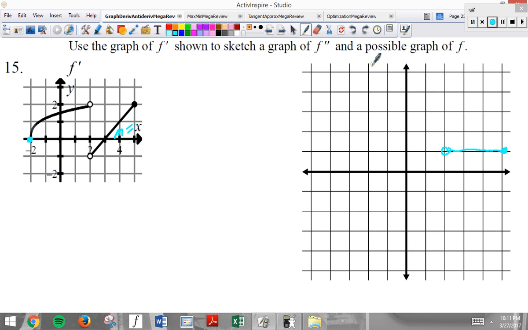At -2. Something like that. I would say that slope's shallower than 1. That's the only reason I did it down there.